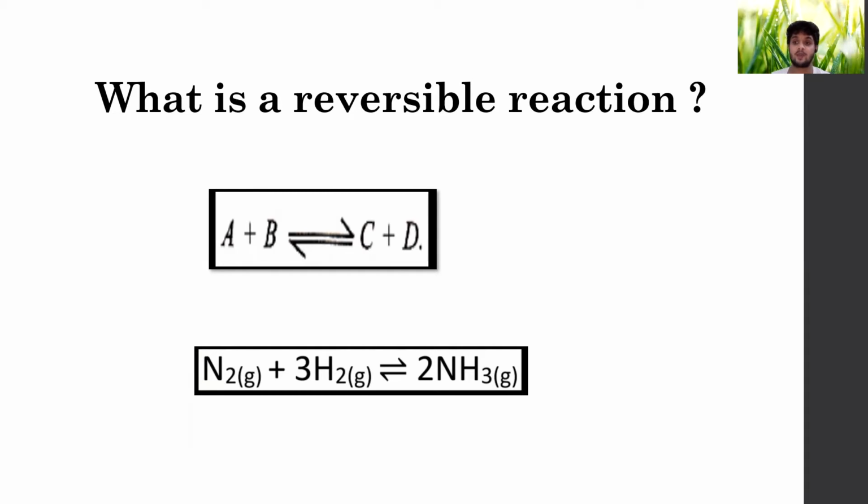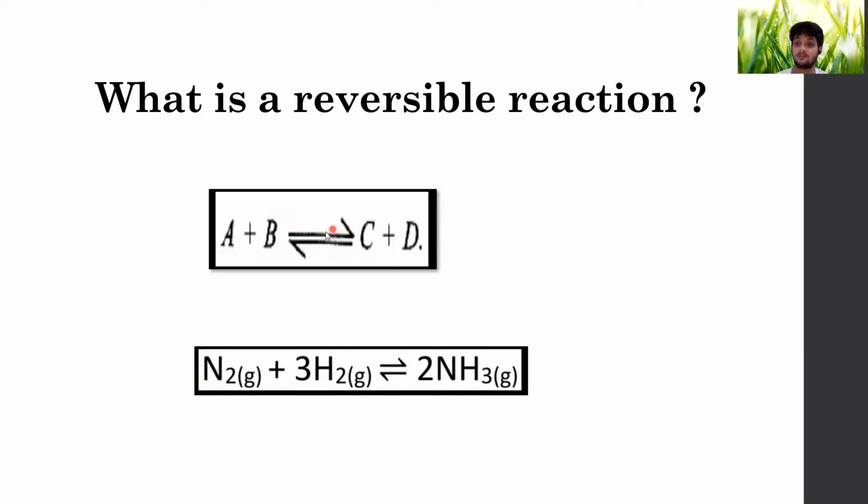So in chemistry, we have two types of reactions: irreversible reactions and reversible reactions. The most commonly used type of reaction that we have seen so far might have been the irreversible reaction. For example, if you look at this reaction here, you might only have seen reactions with one arrow, right?